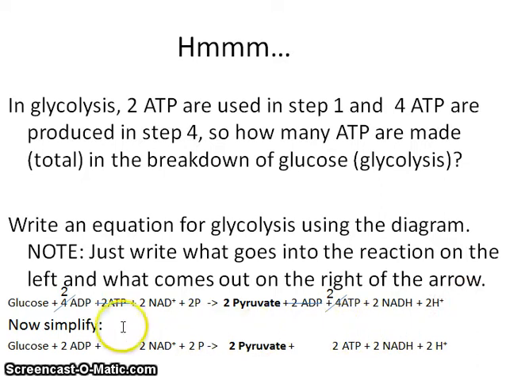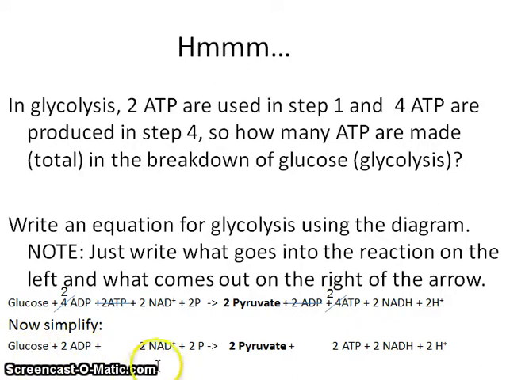In other words, for example, we can cancel out 2 ATP here because we have 4 over here, and so we cross out the 4 and write a 2. We have 2 ADP here, but 4 over here, so we can completely cross that one out and reduce that one to 2 ADP. And so if we simplify it, we see what totally goes in and comes out.